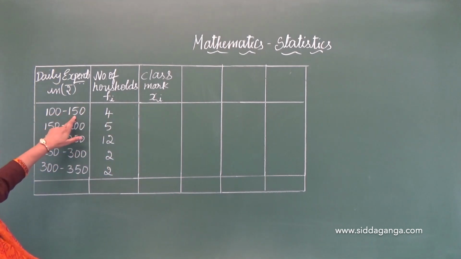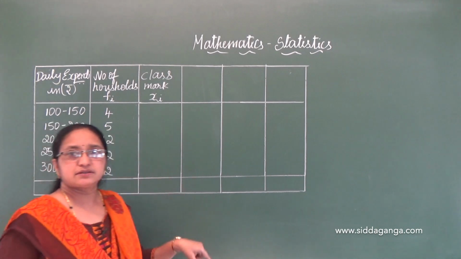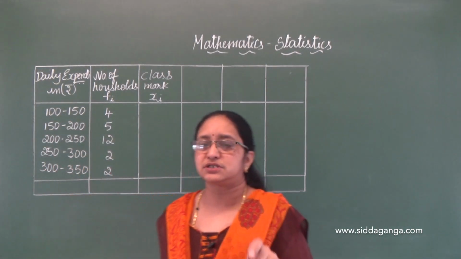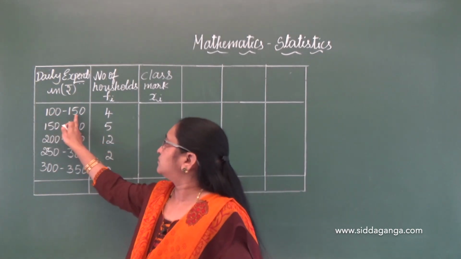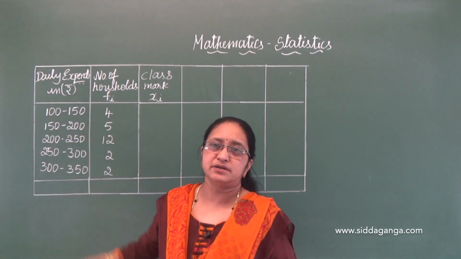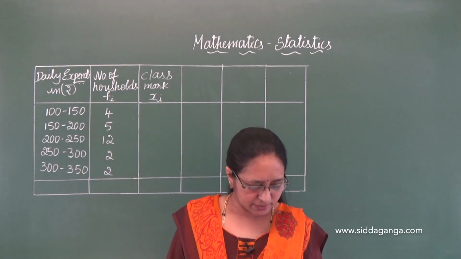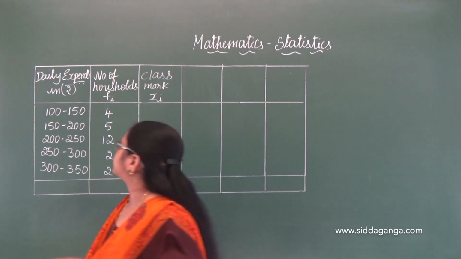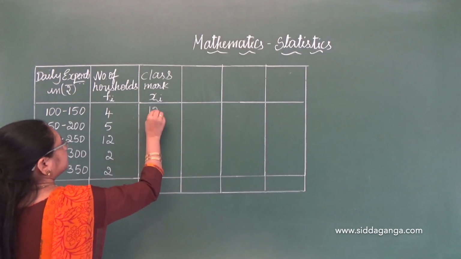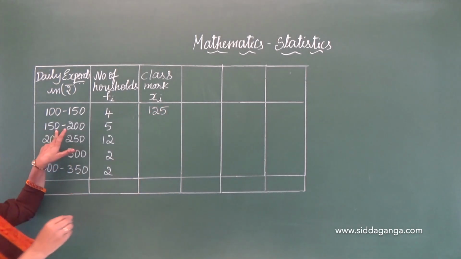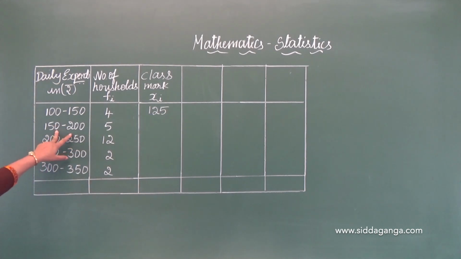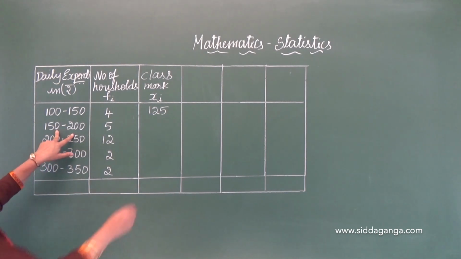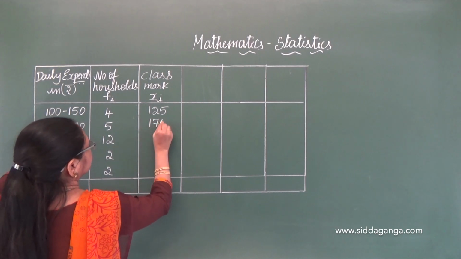Now you all know how to find the class mark. 150 plus 100 divided by 2, that is the middle term, that is 125. Next, 150 plus 200 divided by 2, that is 175.